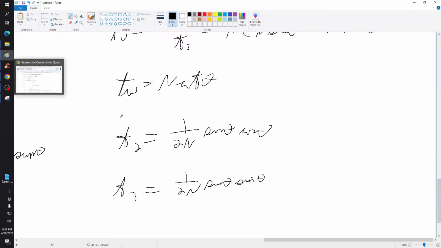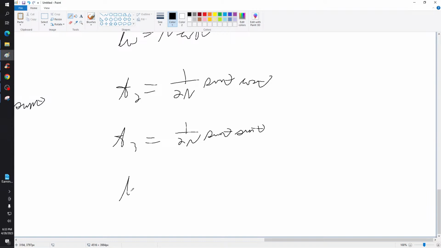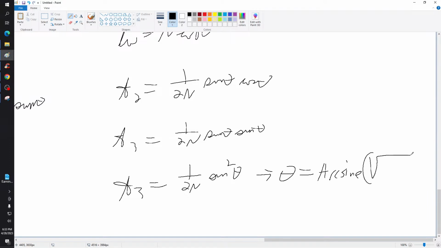Okay, great. So what that means then, if t3 equals 1 over 2n sine squared theta, and we know what t3 is because it's the roots of a quadratic, then we get theta equals arcsine of the square root, because we're going to take the square root of that sine, okay?